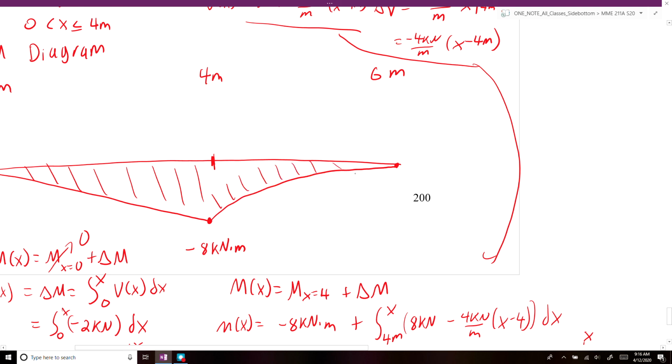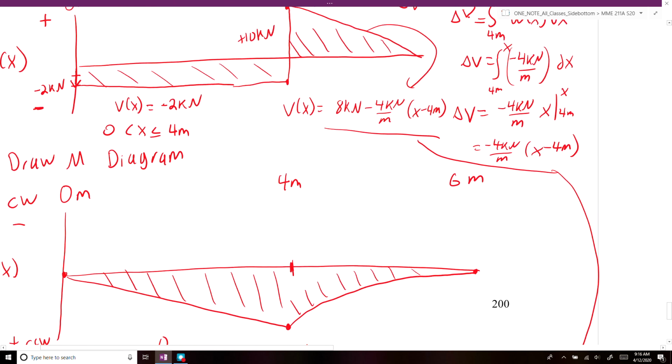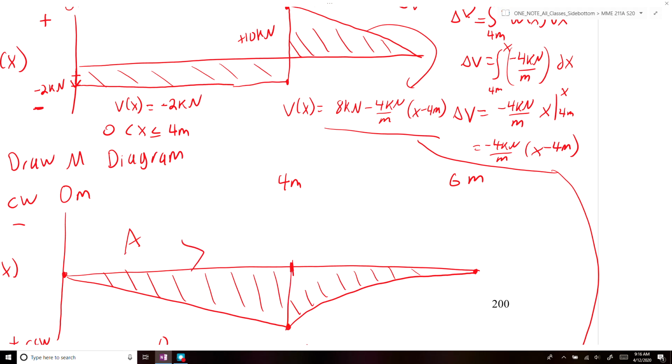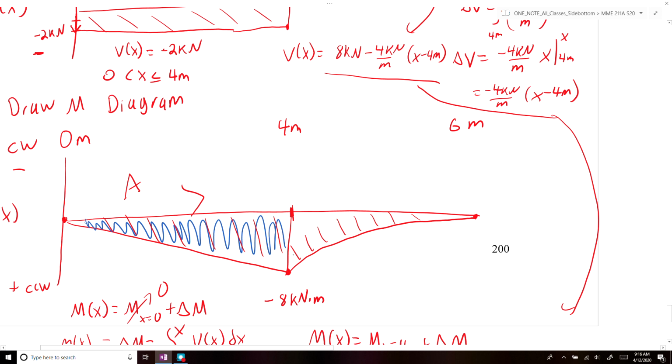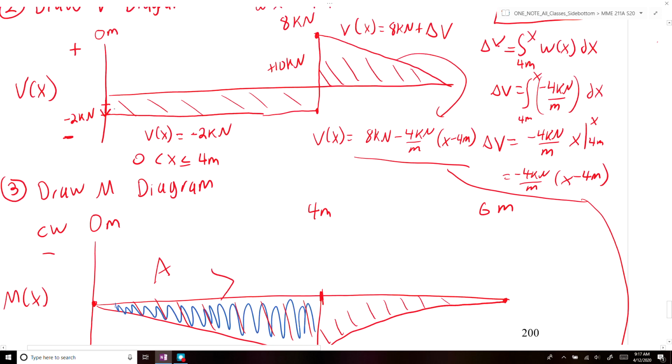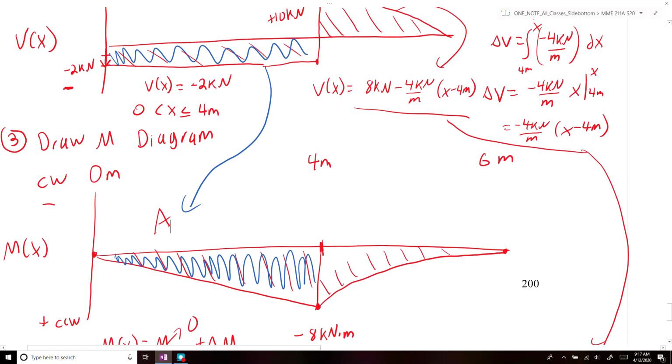Alright. So the one thing I like to point out here is that the area that we have drawn under these curves, so I'll highlight this area here, is equal to the moment at x equals 4.